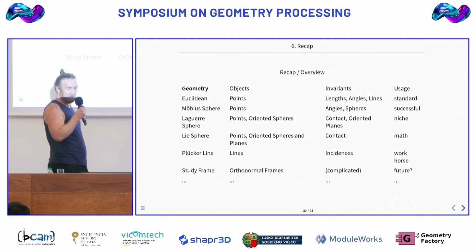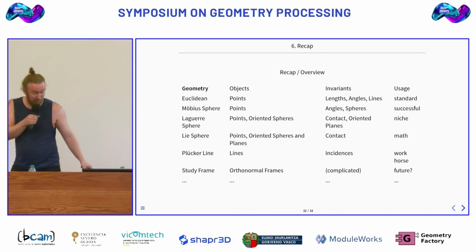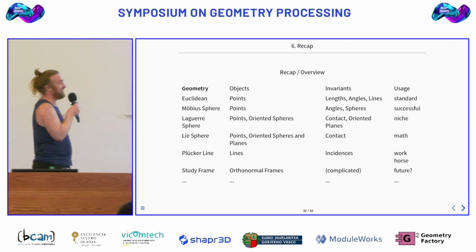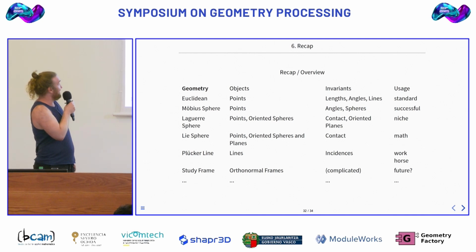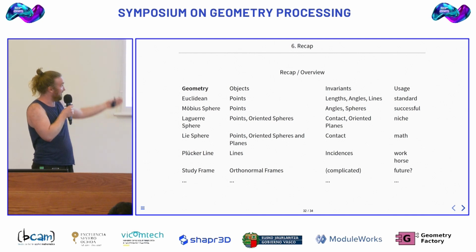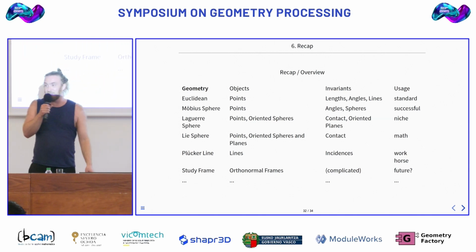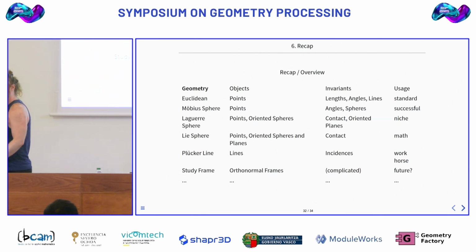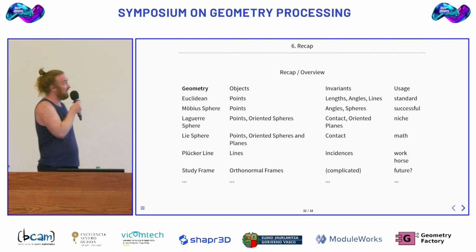Okay, and now just a quick recap of what we've done. There are all sorts of geometries. I didn't list all of them. There's Euclidean, Möbius, Laguerre, Lie, Plücker, the Study frame thing. Euclidean is standard, of course. Möbius, I would say, is quite successfully used already. There are a lot more examples than what I've shown you.